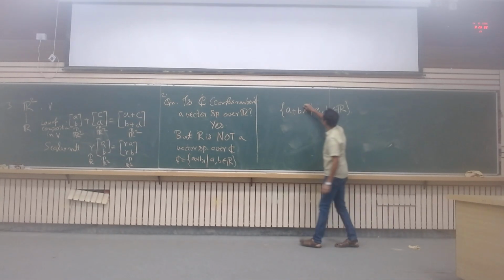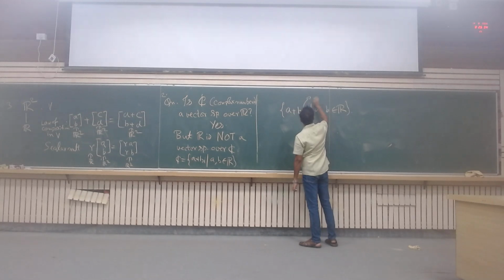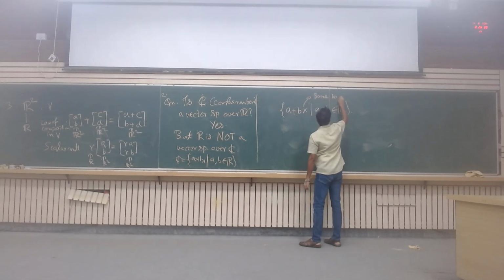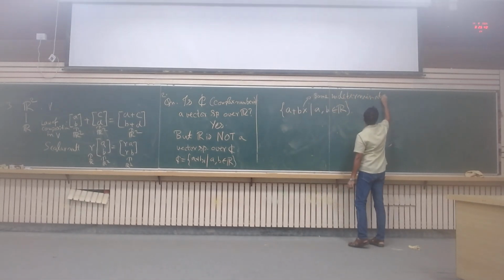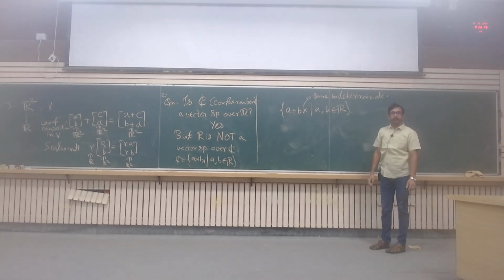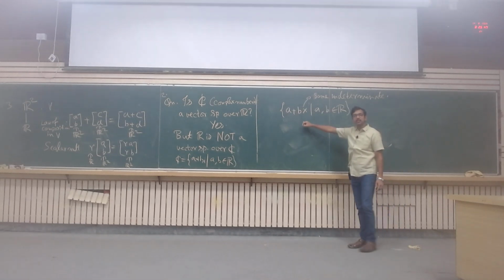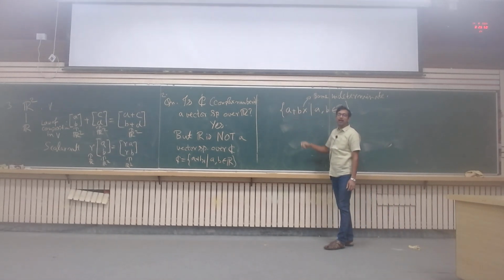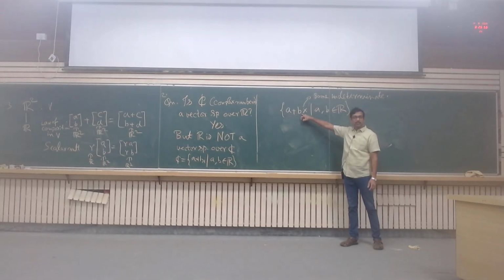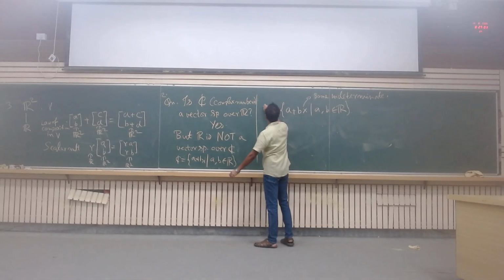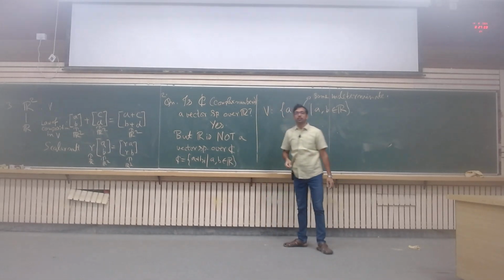Some indeterminate, a variable. So this is basically the set of linear polynomials, polynomials of degree 1 or 0. I mean, if b is 0, then it's just a constant, right? So the question is whether this forms a vector space or not.